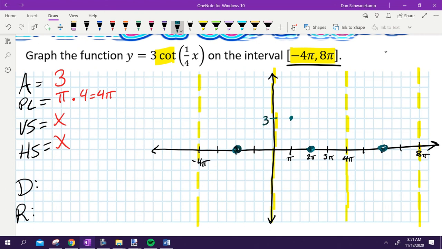So I'm going to go ahead and label that 3. So that means at 3 pi, I'm going to be down here at negative 3. Wonderful. And then do your best to graph yourself a little tangent in there. Talk with your neighbor and discuss what is your domain and range based on this graph. Go.